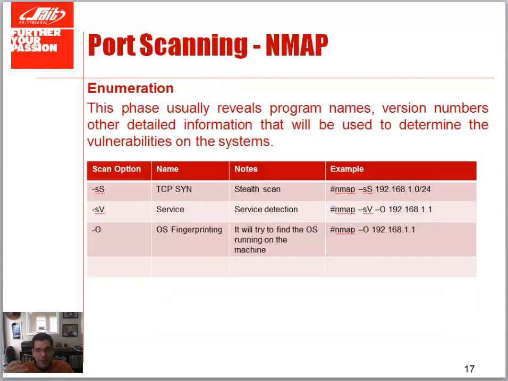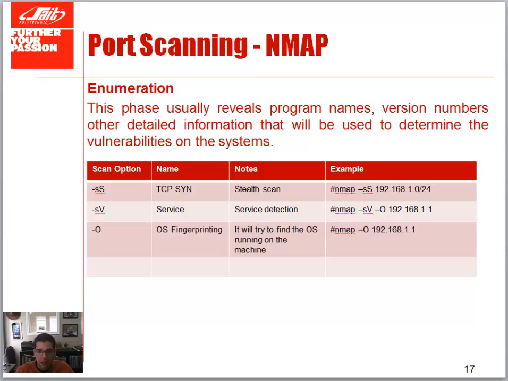The next step in information gathering, after port scanning, is to get to know more about the services behind the open ports. For example, -sV shows the services and the versions that are using the open ports. Dash capital O is OS fingerprinting.